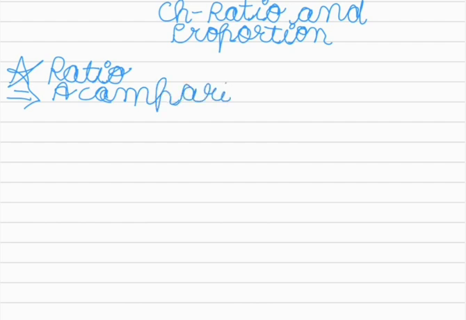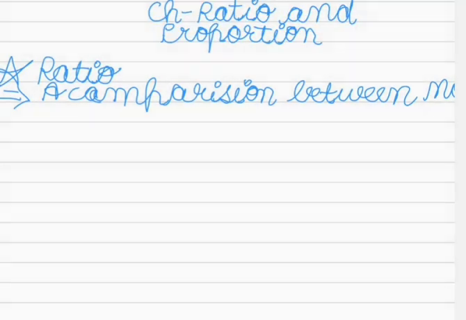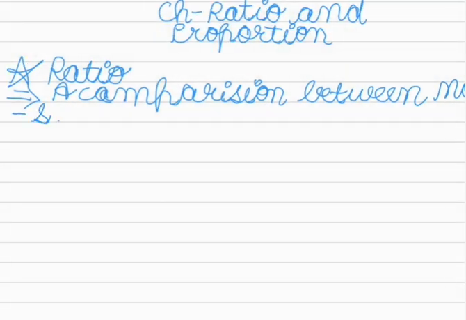You should have a notebook and a pen so you can note down. A comparison between numbers. I am writing numbers short form NOS. Numbers with the methods like subtraction or division.